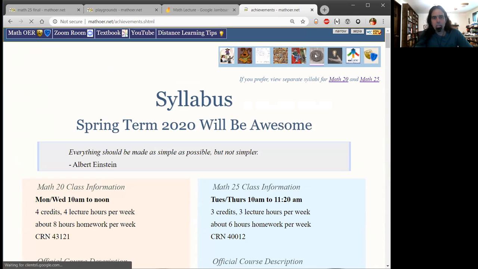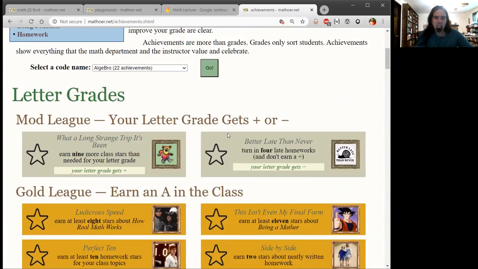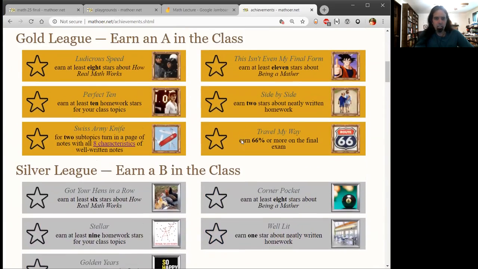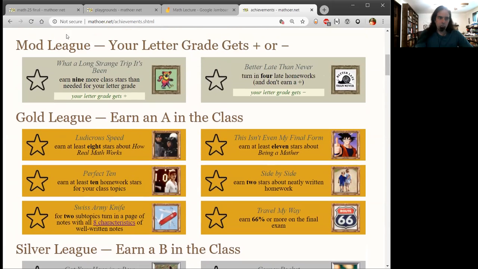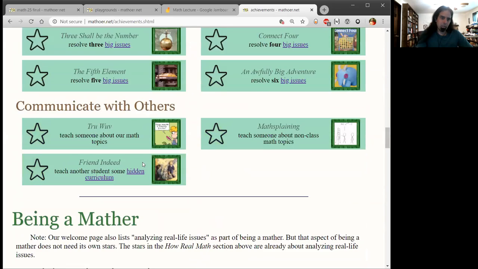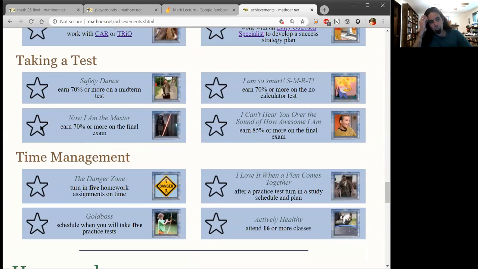The score you need going to the achievements to get an A is only a 66. If you get extra stars, remember you get a plus. And when we go down over here, you can get more stars by getting a 70% or an 85% on the final. So doing well on the final is an easy way to get some extra stars to get a plus if you're going for an A+ or a B+.